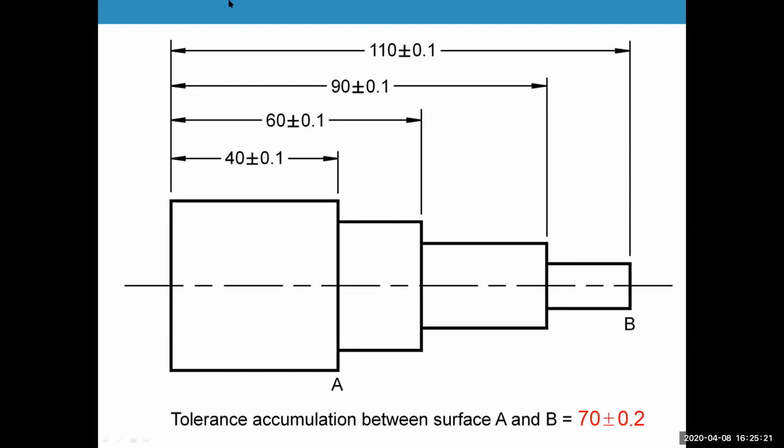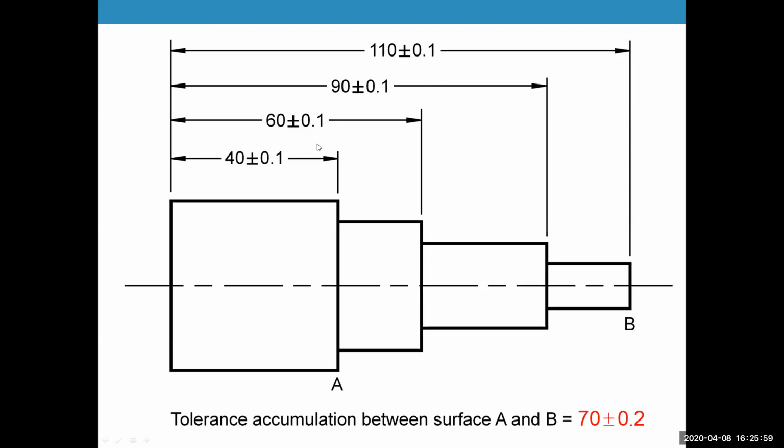So if I take 109.9 and subtract 40.1, I'm going to get 69.8. I can't do it in my head for some reason. Anyway, that's 70. Yeah.